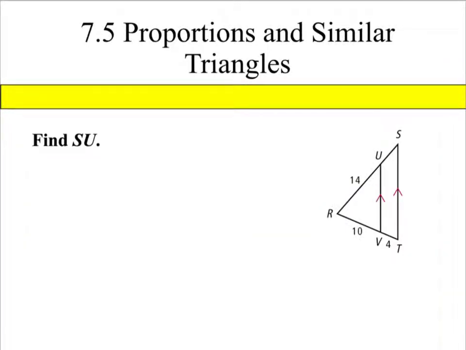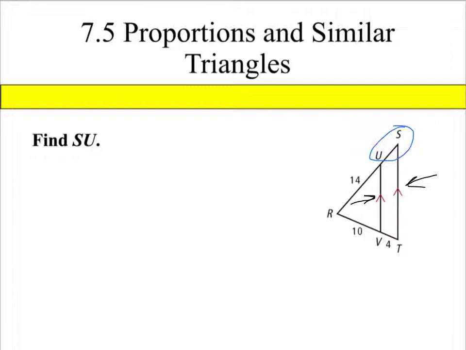It says find SU. We are trying to find SU, that's this segment right here. Automatically it tells me that I have two parallel lines, UV and ST. According to the triangle proportionality theorem, if those are parallel, then we have a proportional triangle.